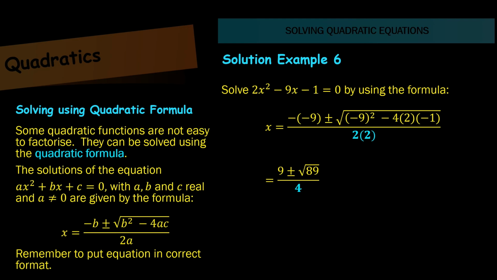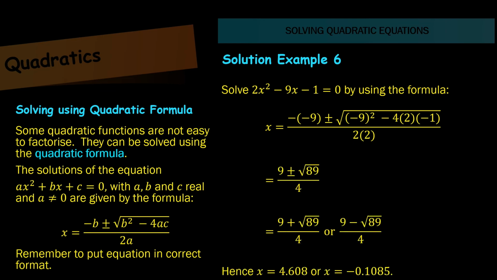This gives us 9 plus the square root of 89 all over 4, or 9 minus the square root of 89 all over 4. And therefore, x equals 4.608, or x equals minus 0.1085 to 4 significant figures.